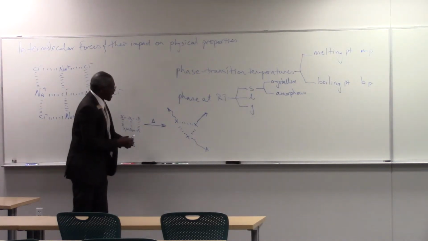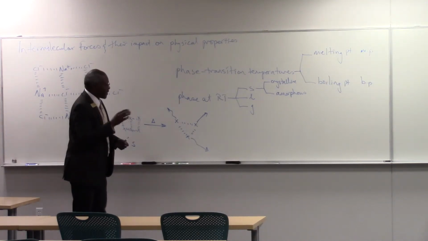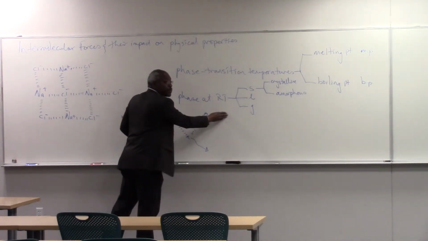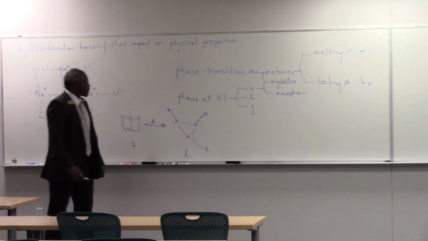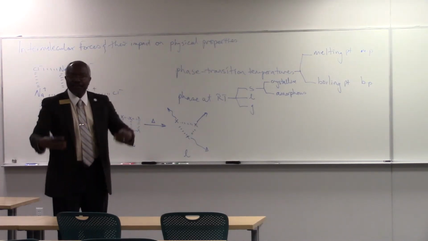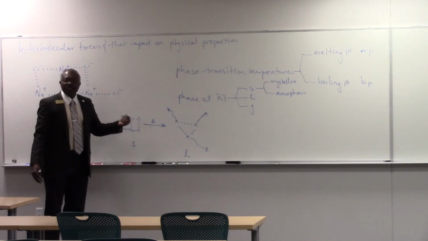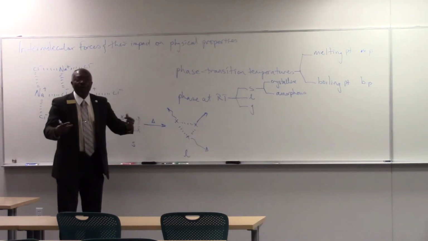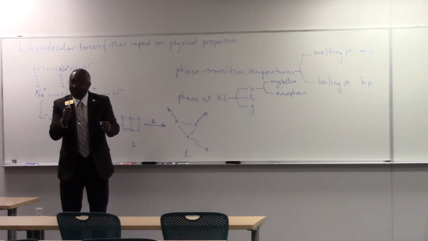So now I can swim about, I can certainly vibrate, but now I can rotate, and this particle can move from here to the other end of the tube, or whatever. This is my liquid phase. So the particles now have more freedom. There's more motion that's available because I've overcome the bonds that are locking me in the solid. So when I go from solid to liquid, I am overcoming the bonds that are locking me in the rigid lattice. That's what happens when I melt.